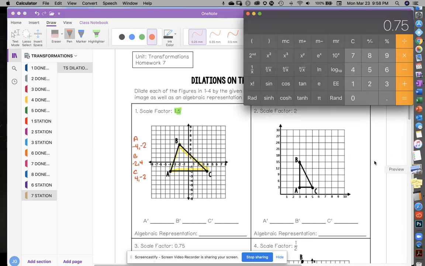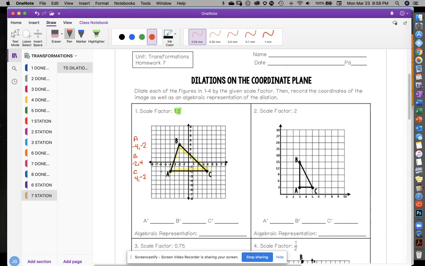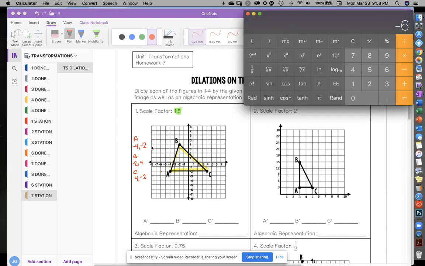So what you could do is grab your calculator, and we're going to say negative 4 times 1.5 makes it -6. So I'm going to start with my A. I'm going to go over to -6. Now if I look at my calculator, I'm going to do the 2 as well.